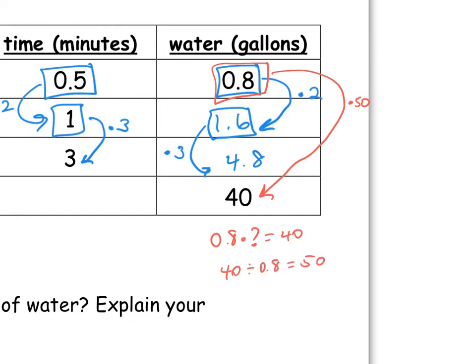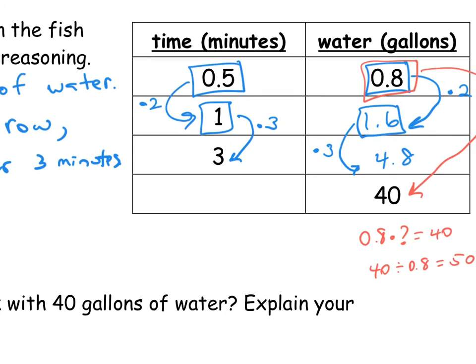Now, since I multiplied by 50 on the right side, I'm also going to multiply by 50 on the left side. So here, we're going to do 0.5 times 50. Think of it as half of 50, or if you wanted to bring it into more of a context that you understand, think of half of 50 cents.